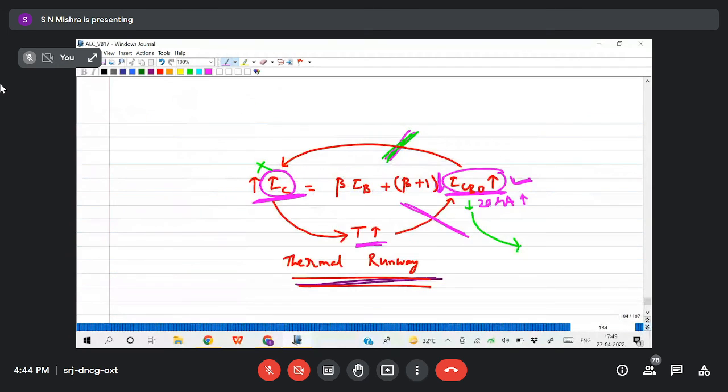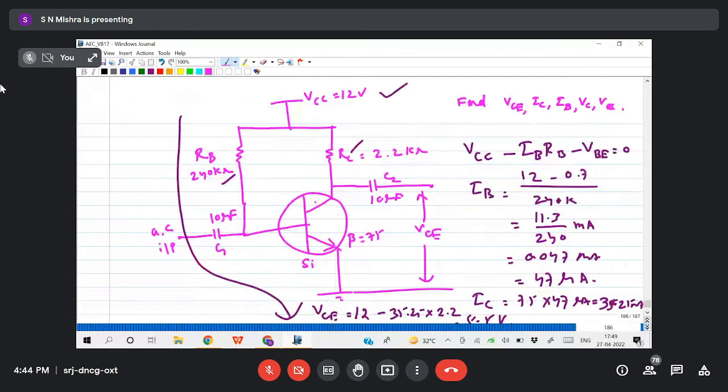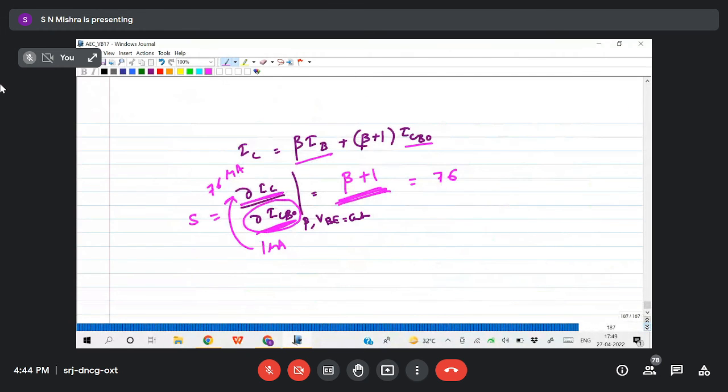So is it good if the stability factor is more or less? This is bad, so if the stability factor is less, it is good. The fixed bias circuit we have considered is actually bad.